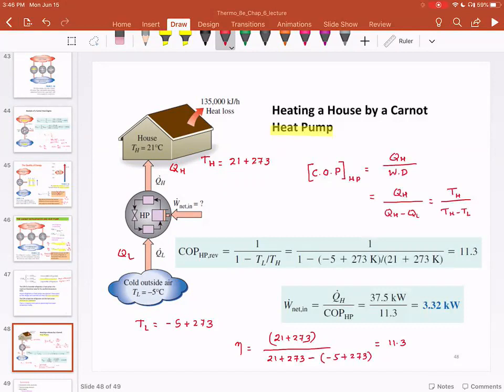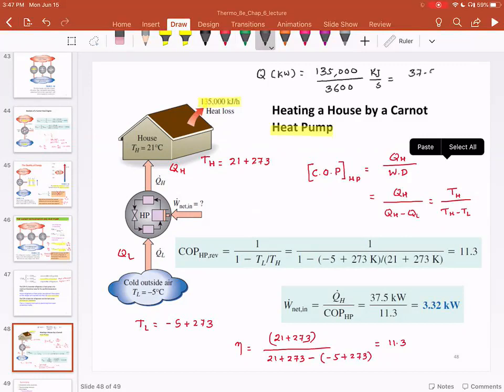11.3. Now the heat that needs to be supplied, I think, is this 135,000 kilojoules per hour. So what is this heat in terms of kilowatts? Heat is 135,000 divided by 3,600 kilojoules per second. That gives me 37.5 kilowatts.